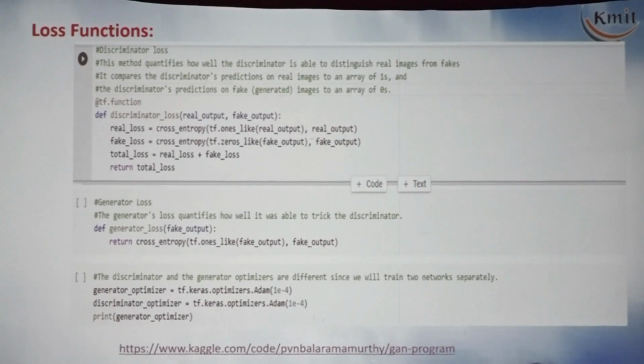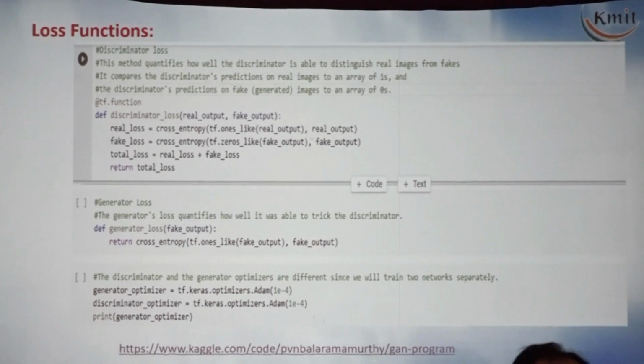So which output do you have to consider for training? For training purpose, not for displaying. For displaying you have to go for the image. If you want to display the generated image, then you can take the fake image.